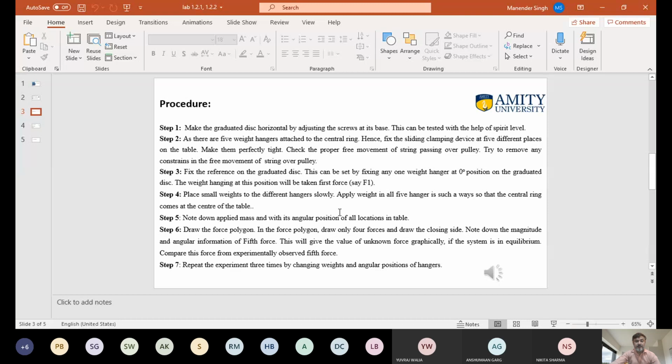Apply weight in all 5 hangers in such a way that the central ring comes at the center of the table.